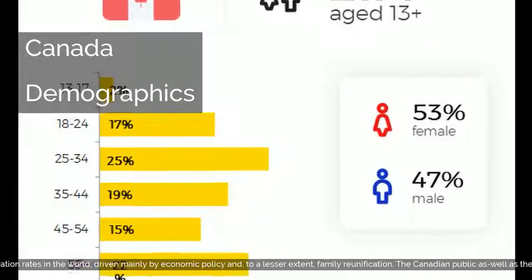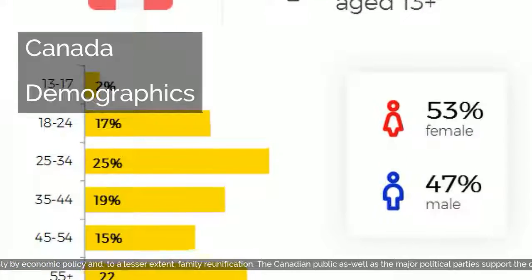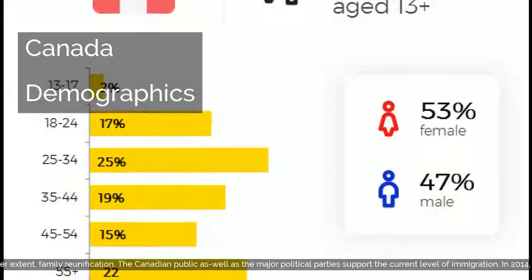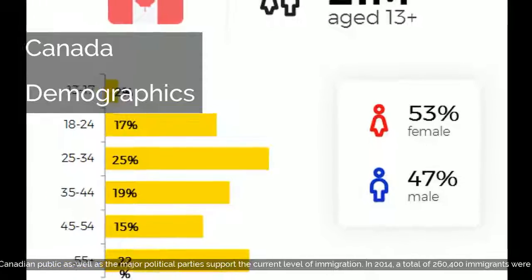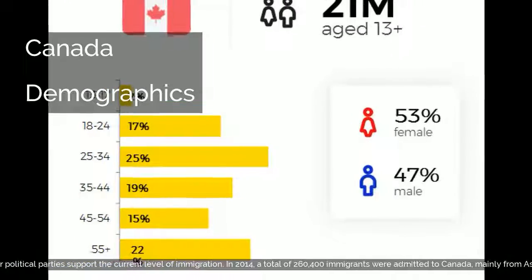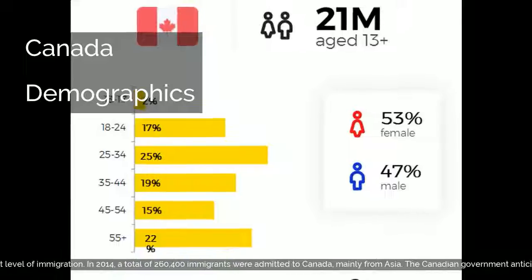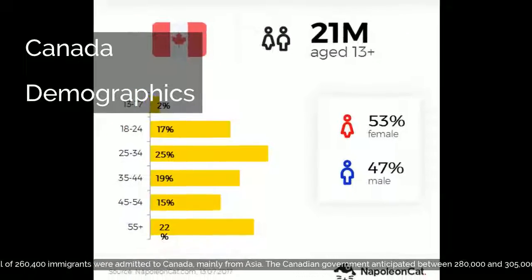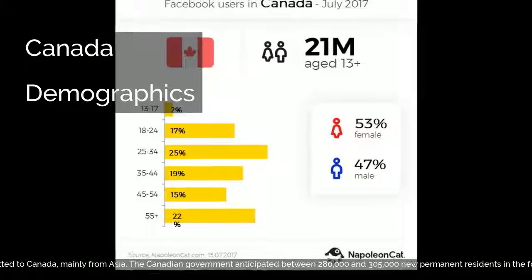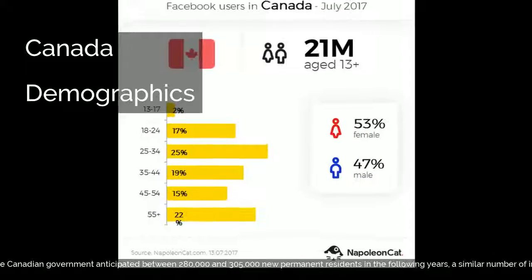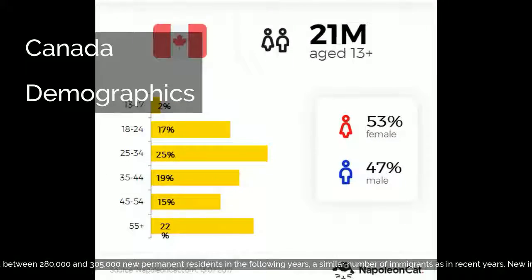Canada has one of the highest per capita immigration rates in the world, driven mainly by economic policy and, to a lesser extent, family reunification. The Canadian public as well as the major political parties support the current level of immigration. In 2014, a total of 260,400 immigrants were admitted to Canada, mainly from Asia.